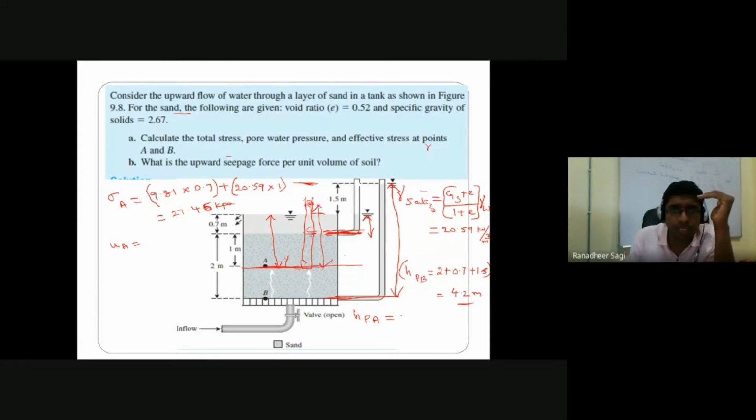I'm just looking at this height. This is 1 meter. This is another additional 0.7 meter. And what is this height going to be? This total is 1.5 meter.